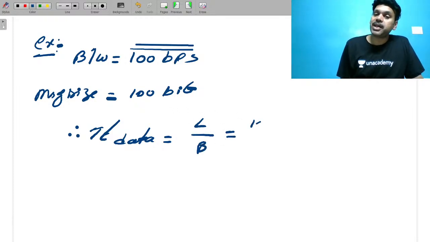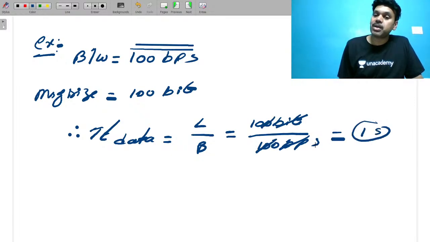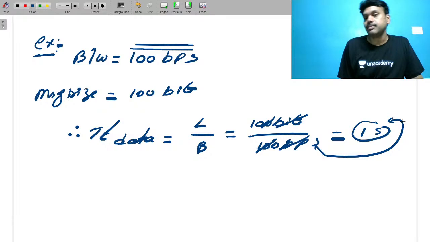The length of data is fixed, as I told you in the previous example, divided by your bandwidth of 100 bits per second. So here this and this cancel, and this and this cancel. Therefore it is 1 second.